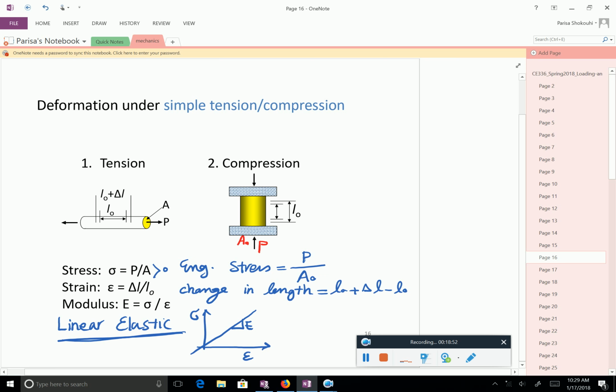Try to write a stress, change of length, then a strain, see if it's positive, negative. Just do it right now. So the original length is L0. See what happens then.